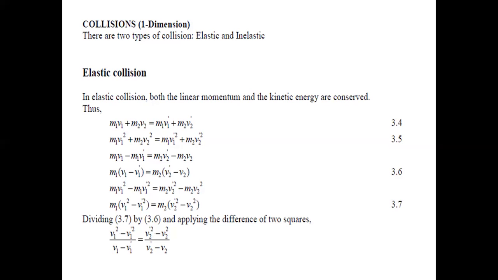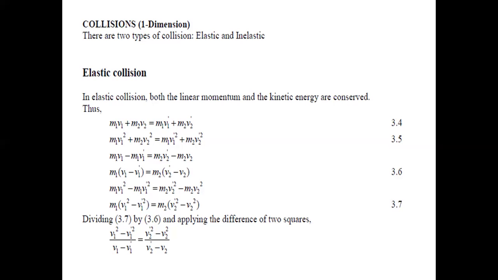We look at equation 3.4. Let us rearrange. m1 v1 minus m1 v1 prime equals m2 v2 prime minus m2 v2, or m1 times (v1 minus v1 prime) equals m2 times (v2 prime minus v2).